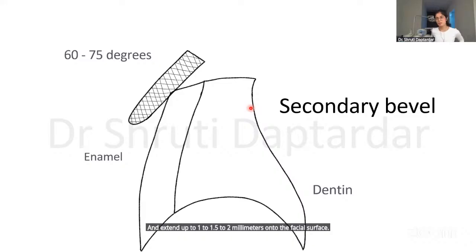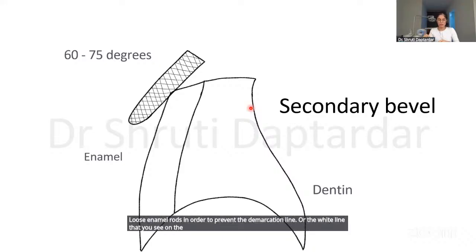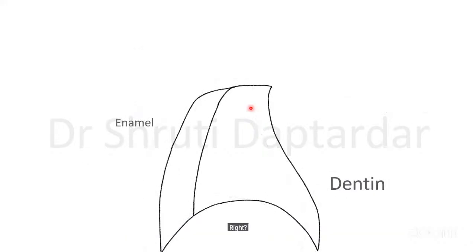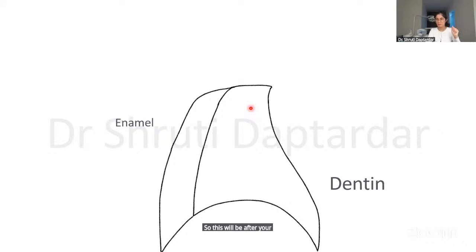This is to eliminate any rough margins which have been created because of the primary bevel, loose enamel rods, in order to prevent the demarcation line or the white line that you see on the composite restoration after complete polymerization. So this will be after your secondary bevels.